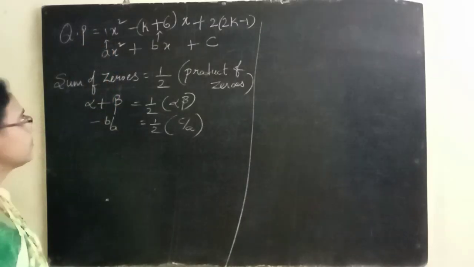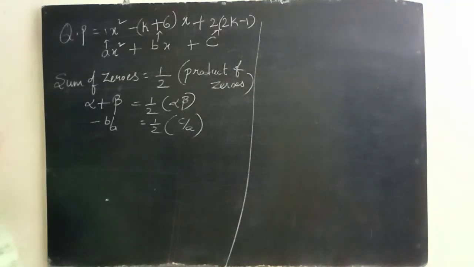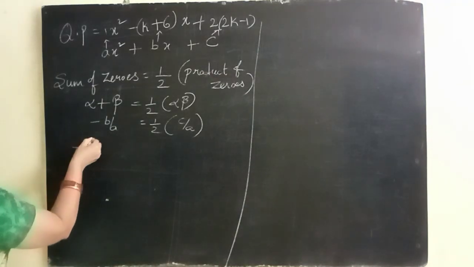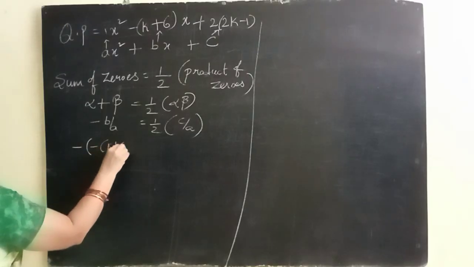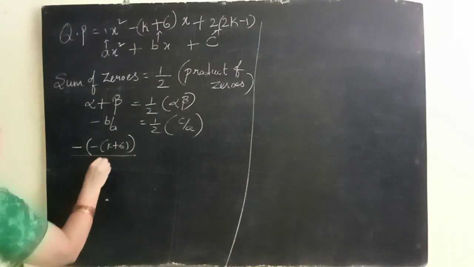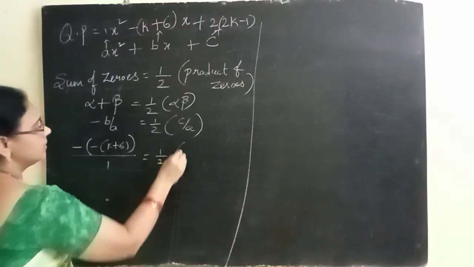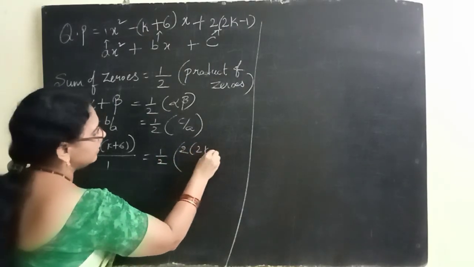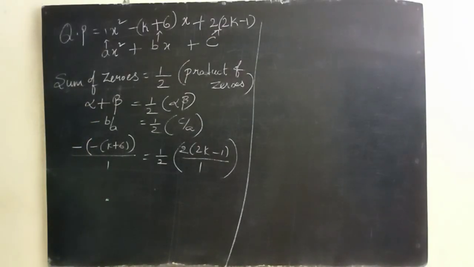B means the x coefficient. The x coefficient means minus of k plus 6. C means it's the constant. So substitute here: B means minus of k plus 6, by A which is 1, equals half of C, 2 into 2k minus 1, by A which is 1.